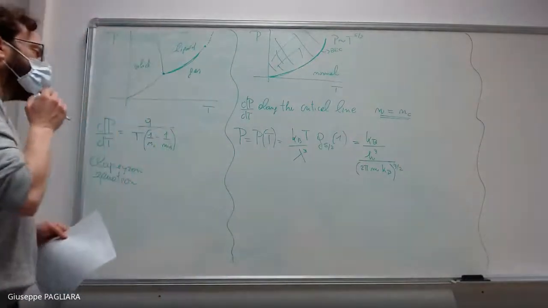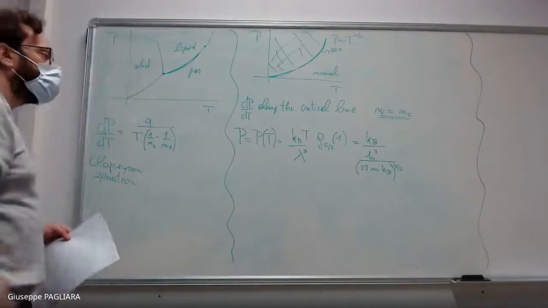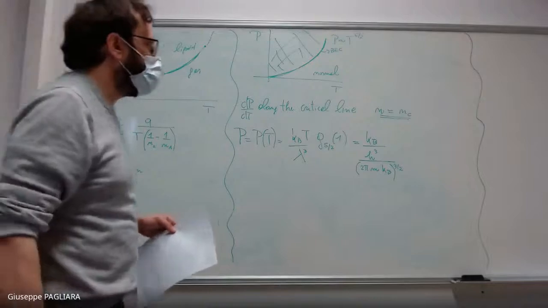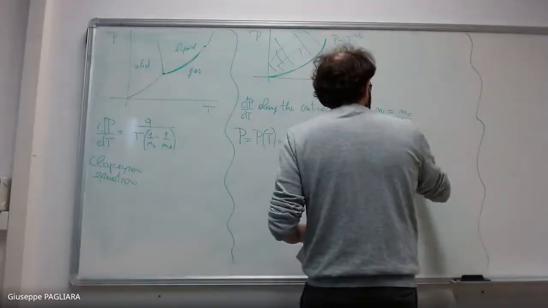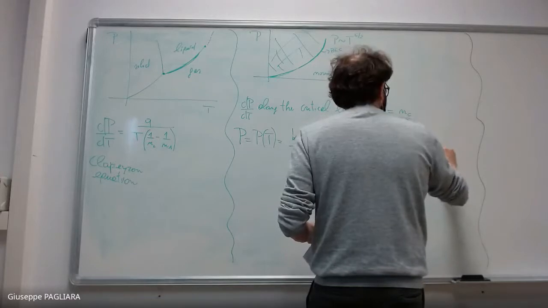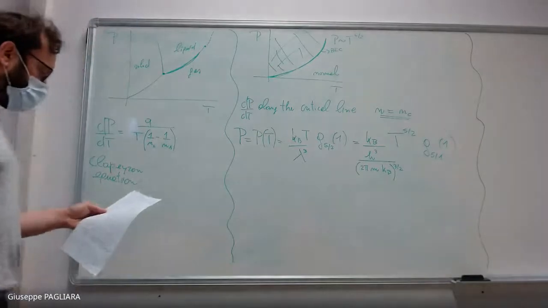Then I have a temperature to the power of 3/2. It goes up and becomes 3/2 plus 1, which is 5/2.